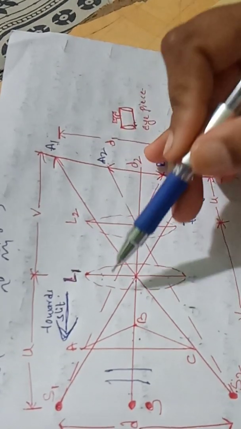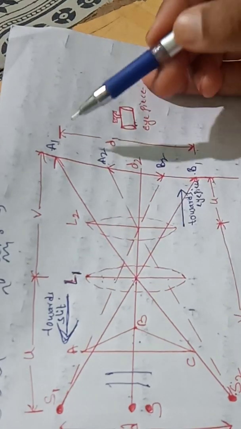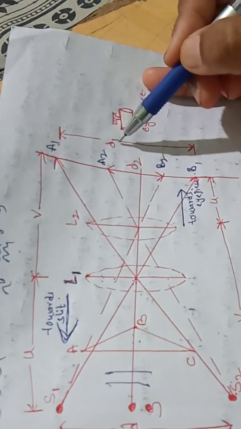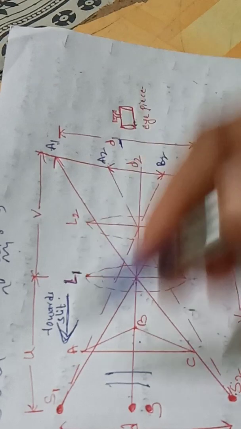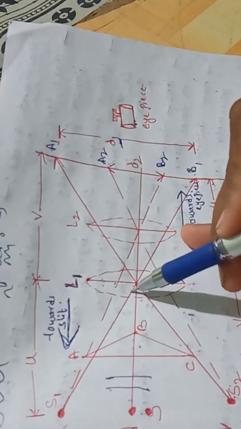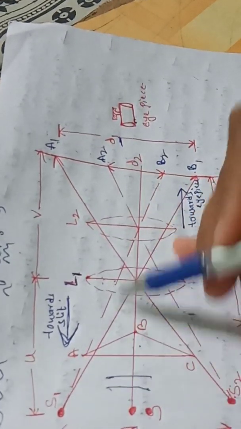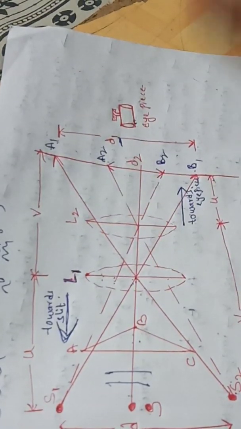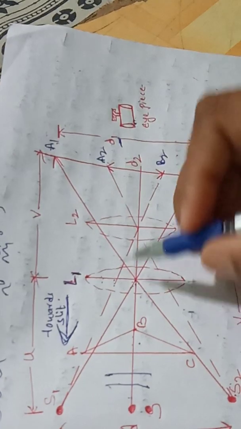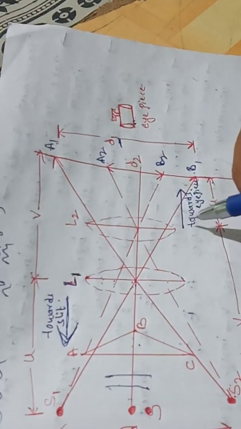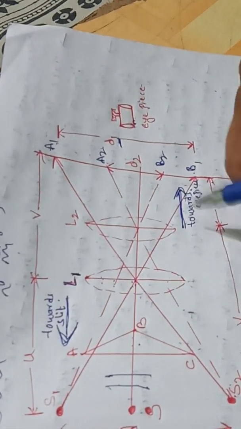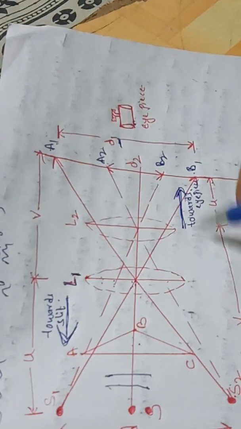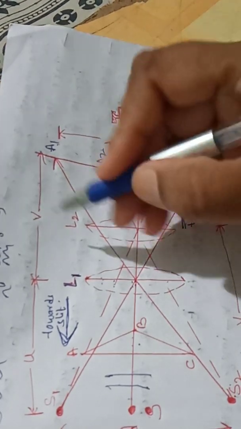At that position we will fix the convex lens. By using the micrometer screw we will note the distance d1, where u is the object distance, that is the distance between the slit and the convex lens, and v is the image distance. Now again we will start moving the convex lens towards the eyepiece.